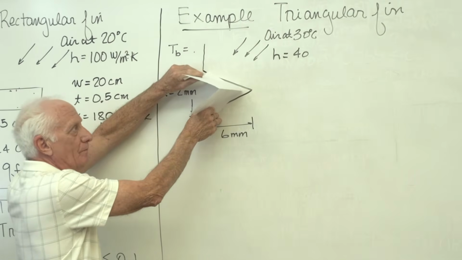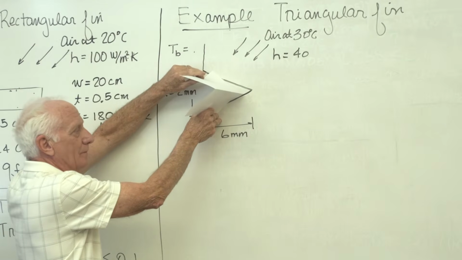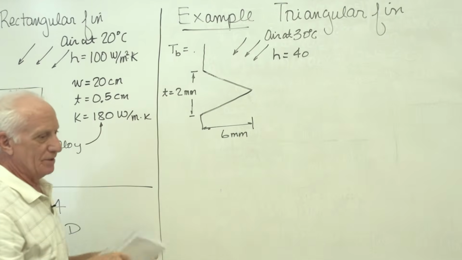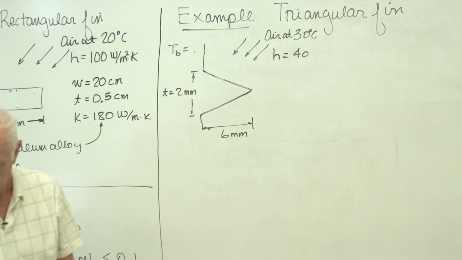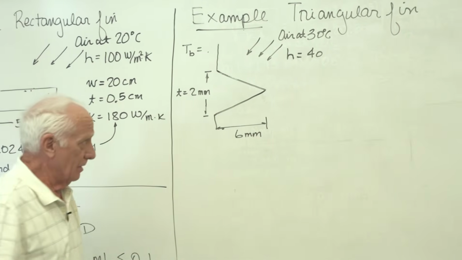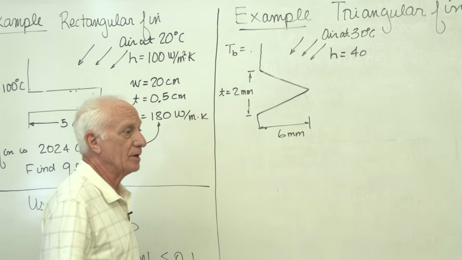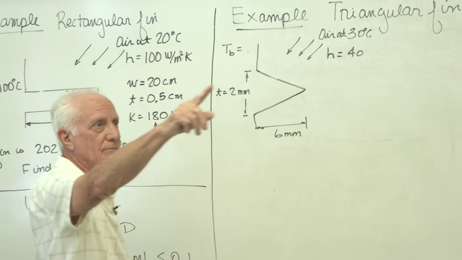There it is, coming out of the wall. How far does it come out of the wall? I don't know. It wasn't given. W is not given. So what do I want my answer to be? Watts per meter, Q prime. I want Q prime, watts per meter, because I don't know how far the fin comes out of the wall.